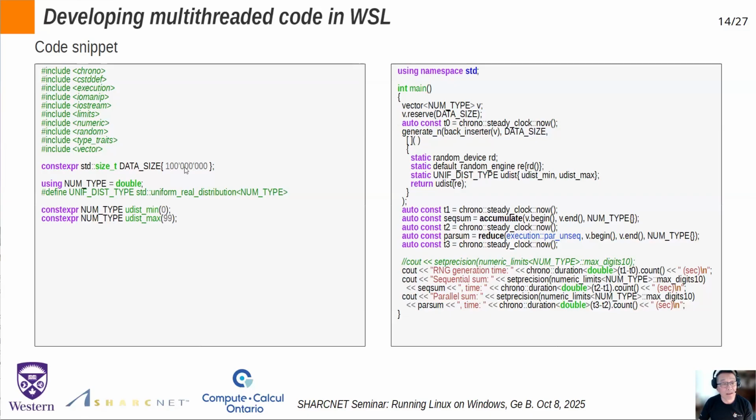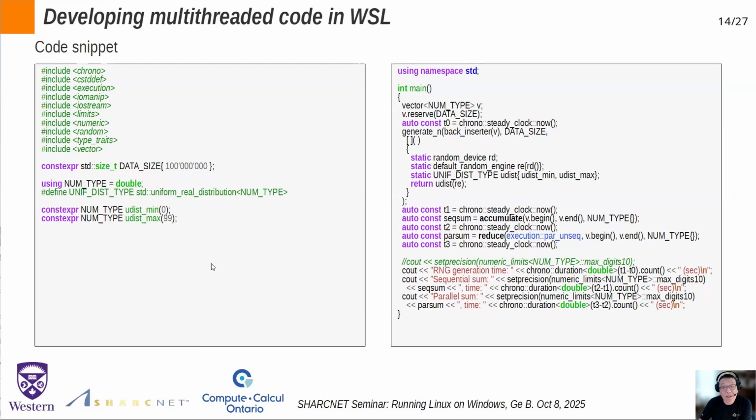This is statically allocated, 100 million. And then we generate data by calling a generator. And the generator is calling a random device to generate 100 million random numbers, all real, uniformly distributed between 0 and 99 in IEEE real format.